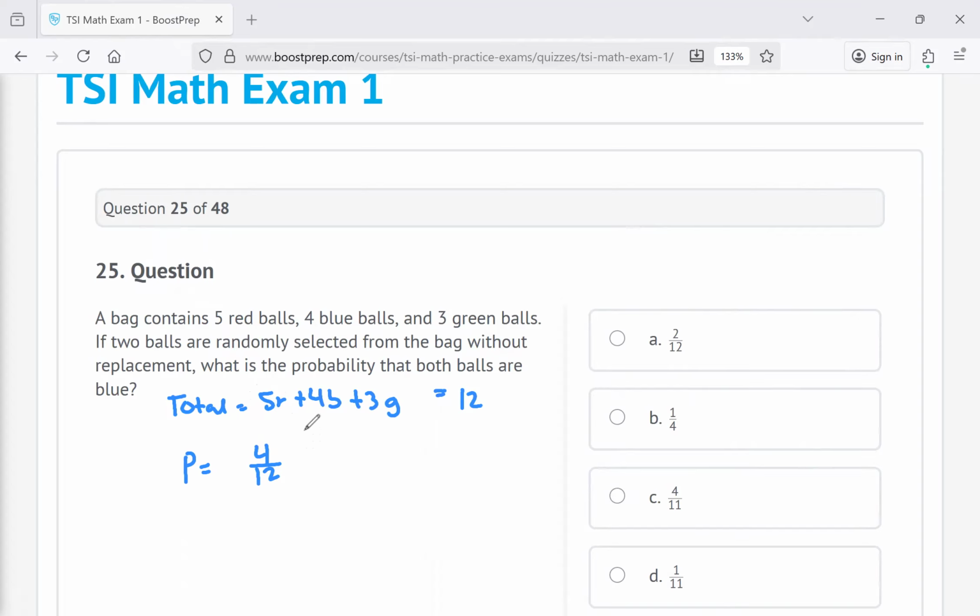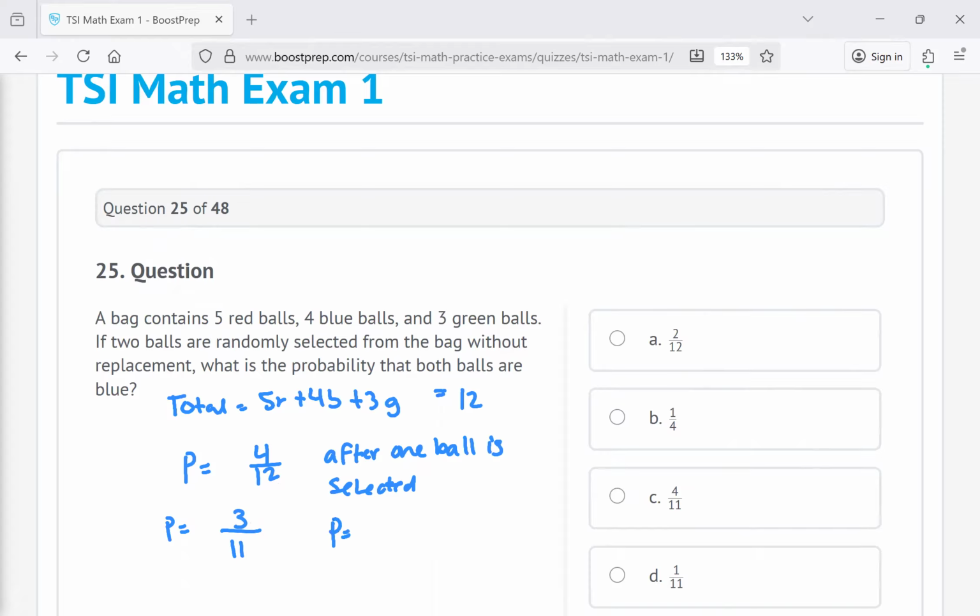Then after one ball is selected, there's going to be only three blue balls. And because that ball's not being put back, we're no longer going to have 12, it's going to be 11.